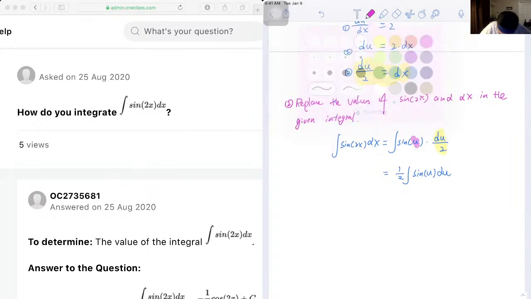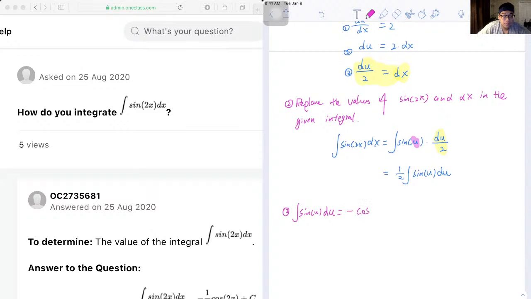So next step, we know that integral sine u du is equal to negative cosine u.